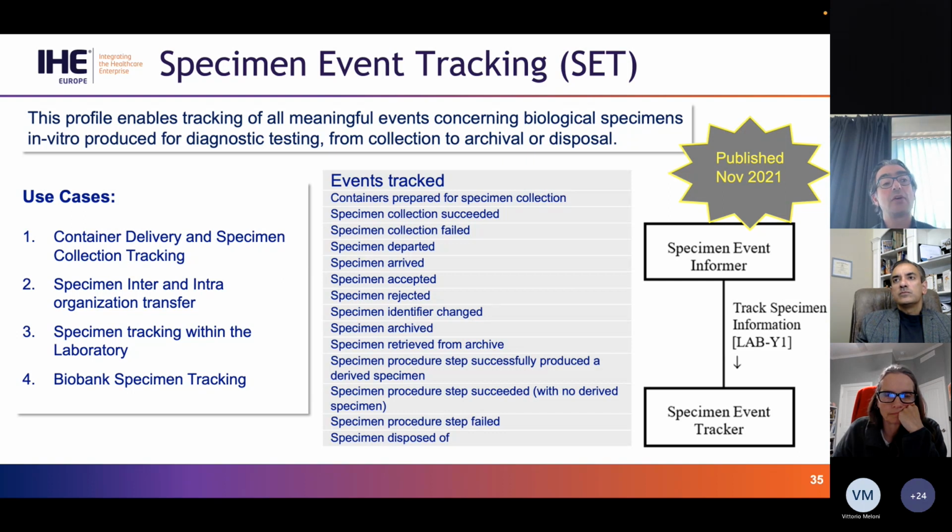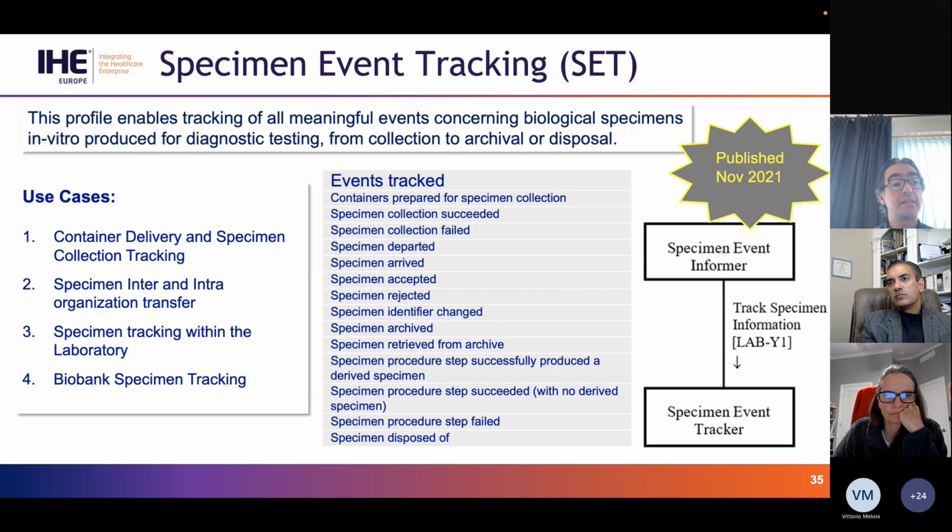Then the second use case covers the tracking of the specimen in a context of inter and intra-organization. So between, for example, two different labs, which are also far from one another, when there is a sort of subcontraction between the two. For example, when a laboratory requires to execute an order that cannot be done inside the laboratory itself, so it is subcontracted to a third party.